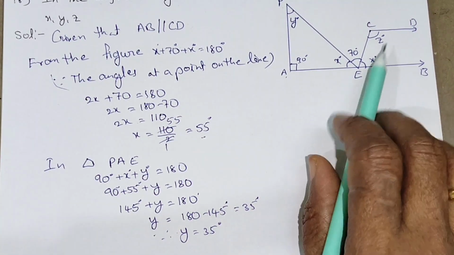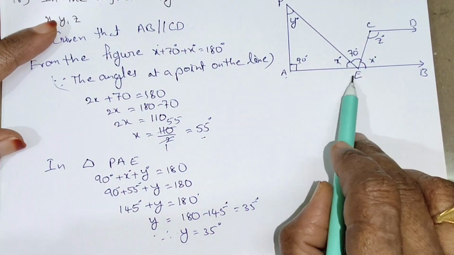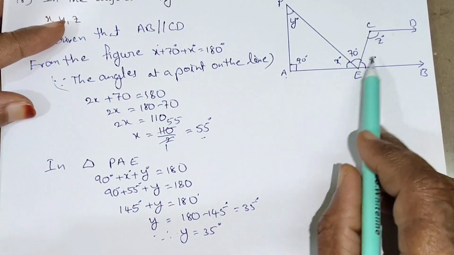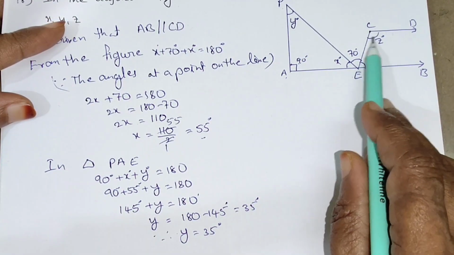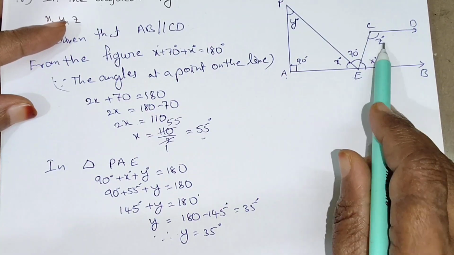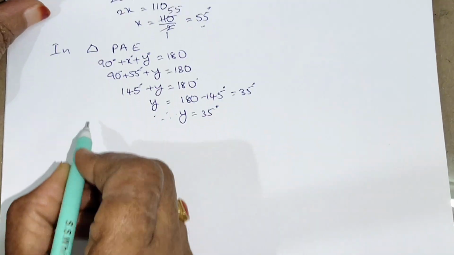Now finally we find the z value. Here these two are the parallel lines, so CE is a transversal. CE is a transversal, which means z is equal to this complete angle, x plus 70.